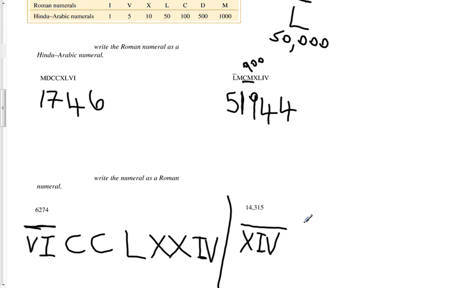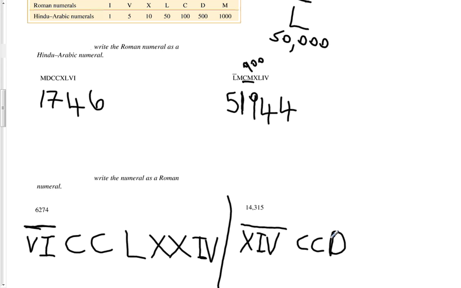All right, so 14,000, and then after 14,000, I need 315. Let's see, if I write two C's, which are 100s, and then a D, that would be D, which is 500, minus 200, which is 300.